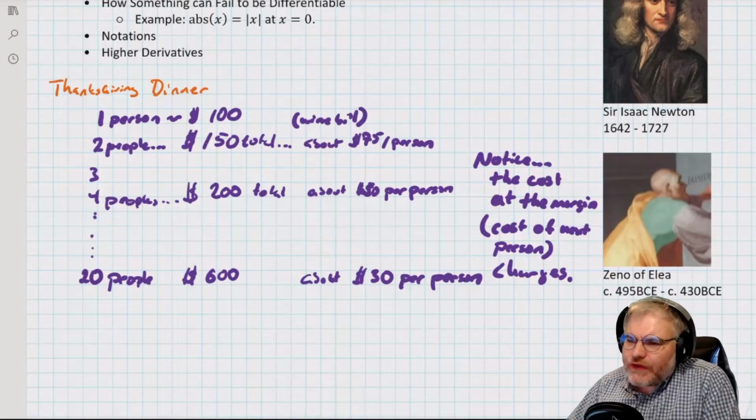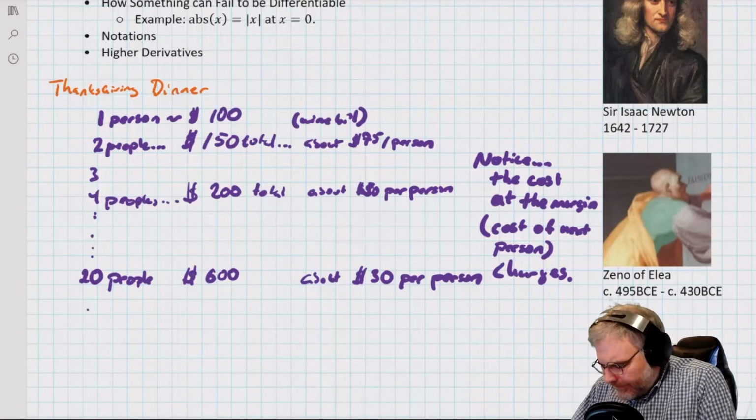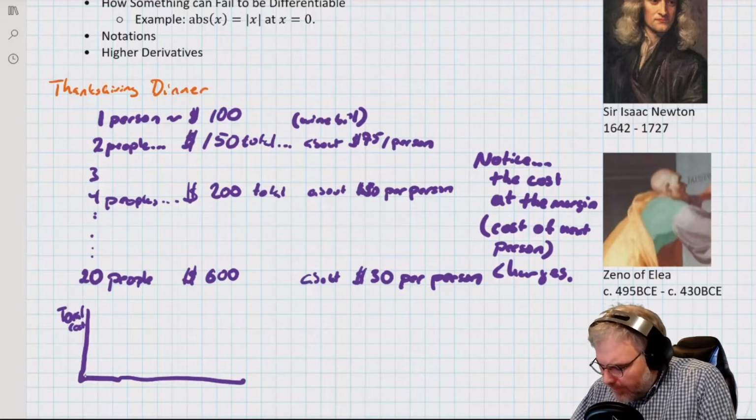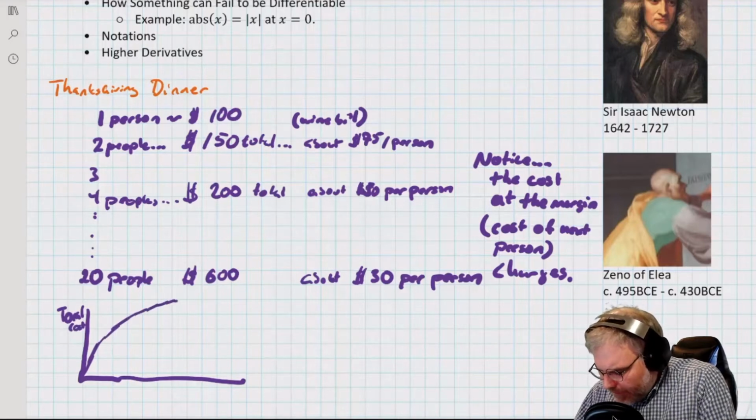Okay. So there's this idea that my total cost looks something like this. It's always increasing, right?